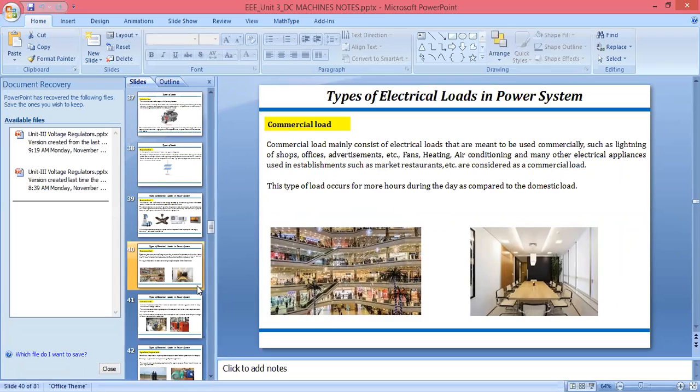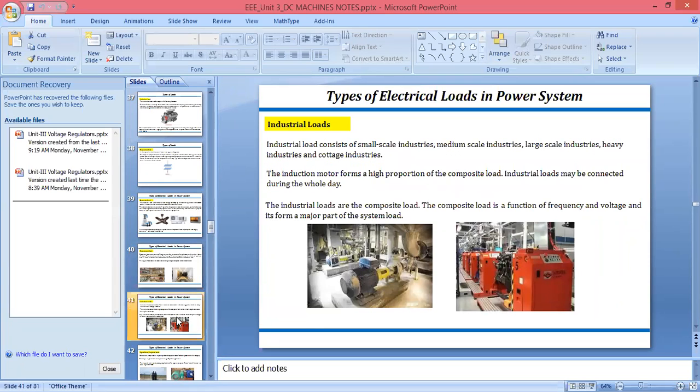Now we can see the industrial load. Industrial load consists of small scale industries, medium scale industries, large scale industry, heavy large scale industry, and cottage industry. When we use electrical energy at the industrial level, we call these devices the industrial load.